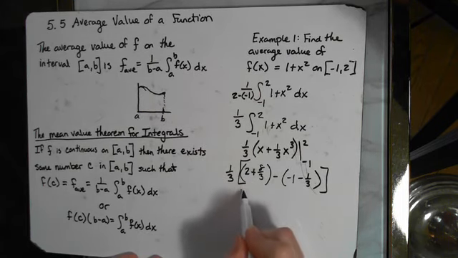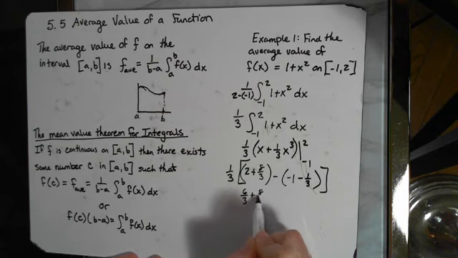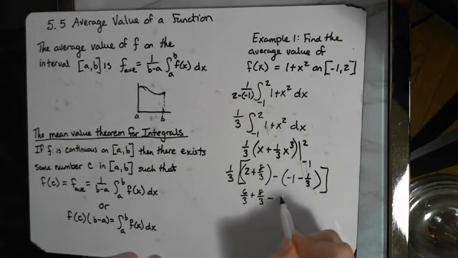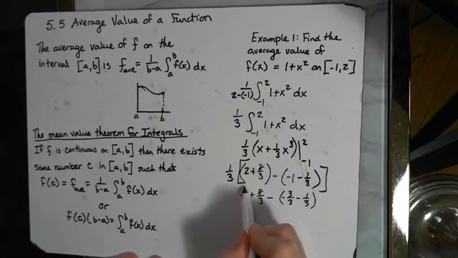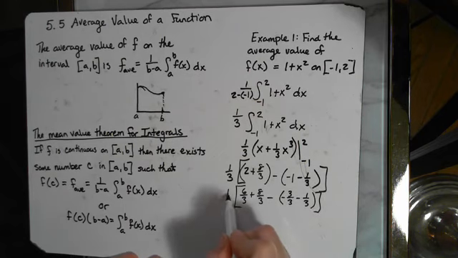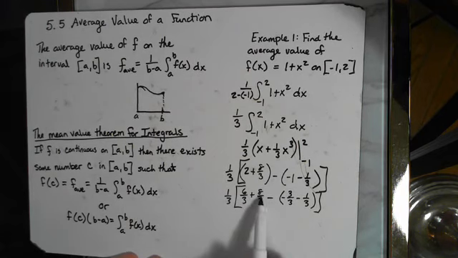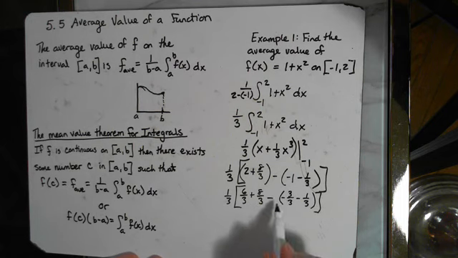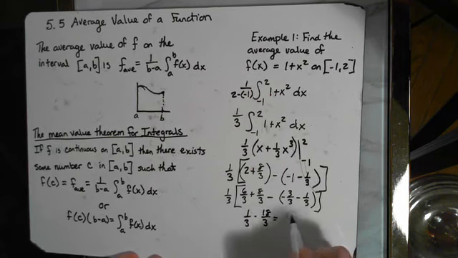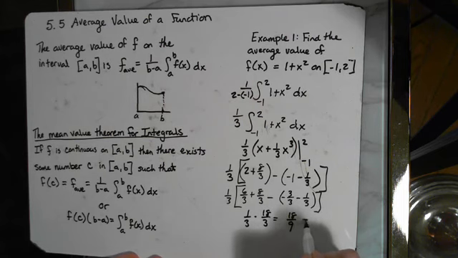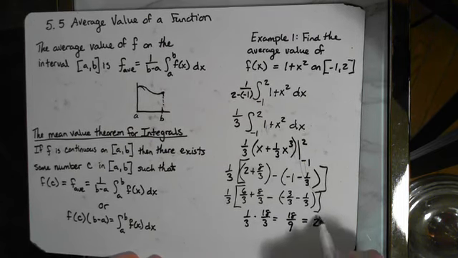With common denominators, this would be 6/3 plus 8/3 minus 3/3 negative minus 1/3, again still multiplied through by 1/3. So this is 14/3 minus -4/3, which is 18/3 times 1/3, which is 18/9, which is 2.